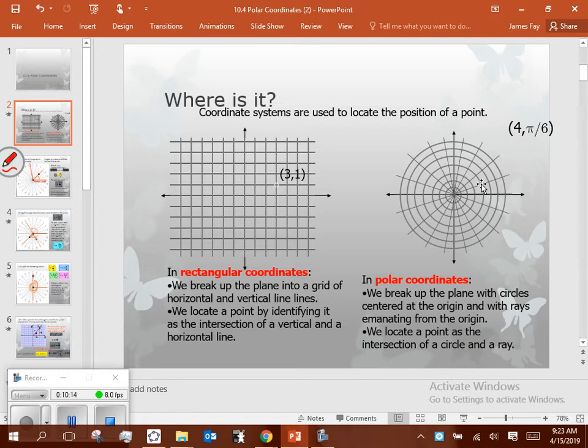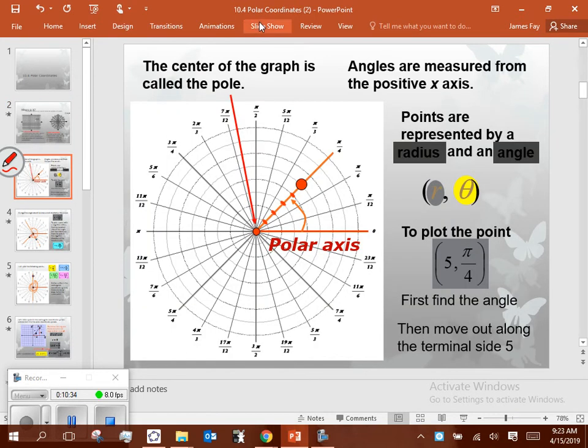Okay? Essentially meaning how far away from what we call the pole, or it would be analogous to the origin, how far away from that you are, okay? And then at what angle measurement, whether it be in radians or degrees, okay? So that's kind of a breakdown of what rectangular coordinates are versus polar coordinates, okay?